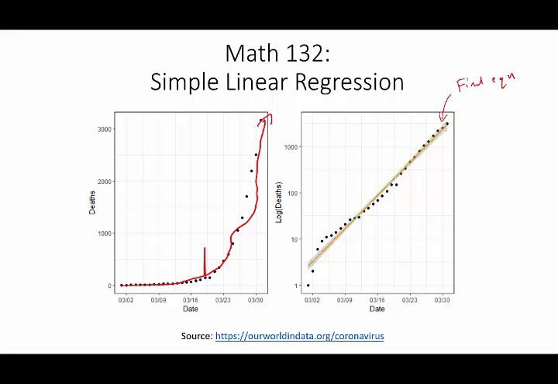Now, paramount to the idea of simple linear regression is the idea that in all these problems, we have two variables at work. There's the variable plotted on the x-axis here, which is often called the predictor, or sometimes the independent variable. Or if you're in a machine learning world, it's often called a feature in your model.